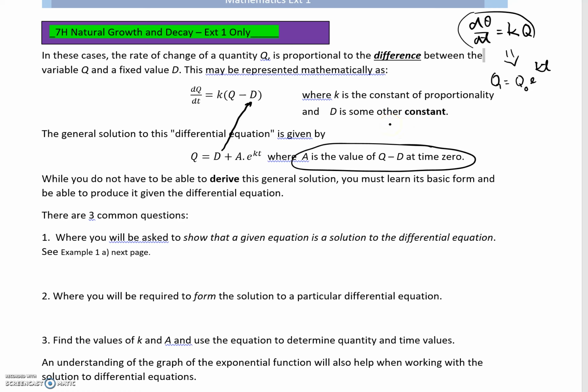So in an example about how a cup of tea is cooling, the constant is going to be the room temperature. You would have to know yourself that that value needs to be placed in this position in the solution to the differential equation. A is always the value of Q minus D at time 0.